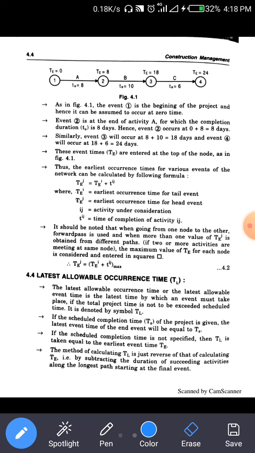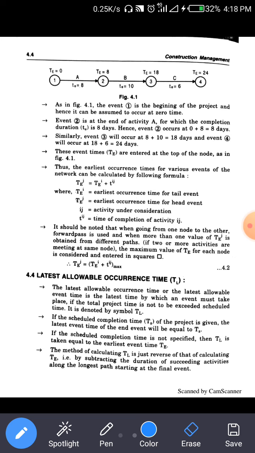The latest allowable event time is the latest time by which an event must take place if the total project time is not to exceed the schedule time. It is denoted by TL.